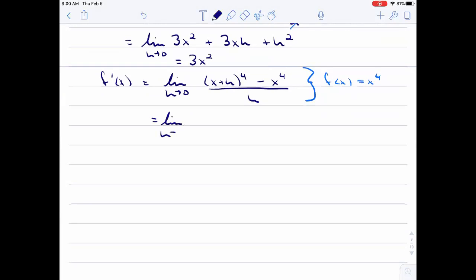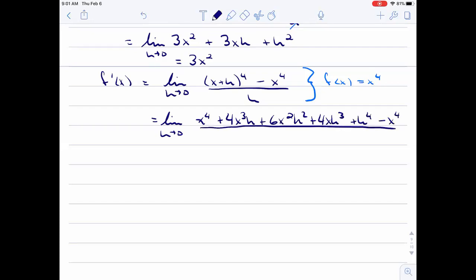It's the limit as h goes to 0 of, this thing's huge, x to the 4th plus 4x cubed h plus 6x squared h squared plus 4x h to the 3 plus h to the 4 minus x to the 4 over h.